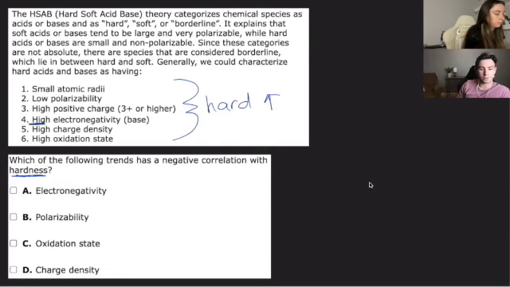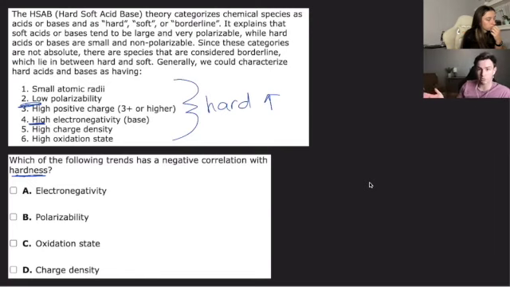B says polarizability. Number 2 says they are not very polarizable. So if you're getting more and more hard ions, that means your solution is going to get less and less polarizable. More ions, less polarity.